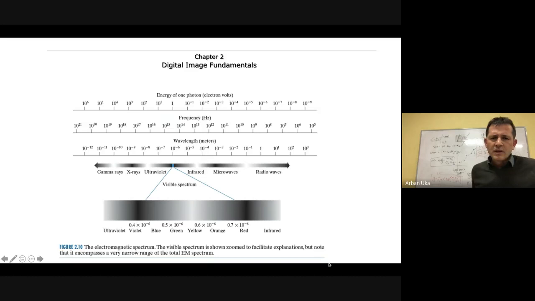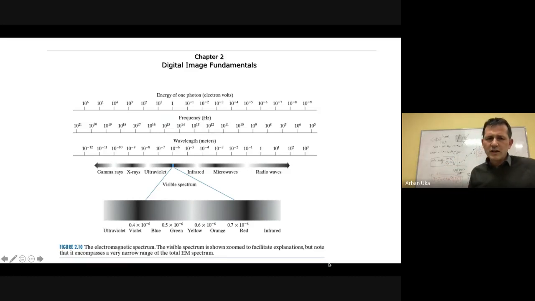Now, in order to have high spatial resolution, which means that if you want to zoom in and you look at your hand, if you want to detect two different components and separate them, we have to have a high spatial resolution.